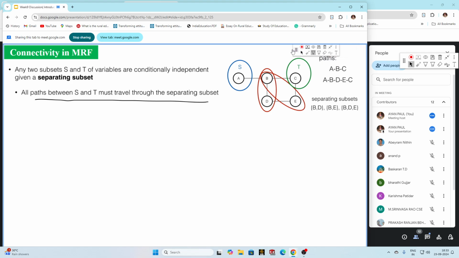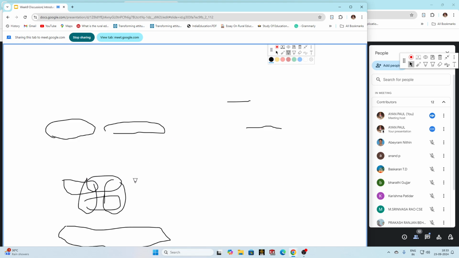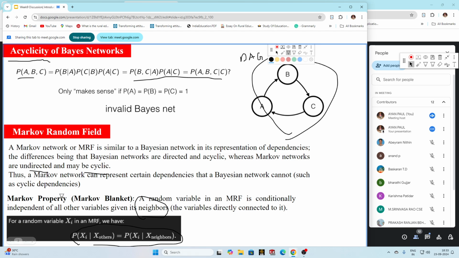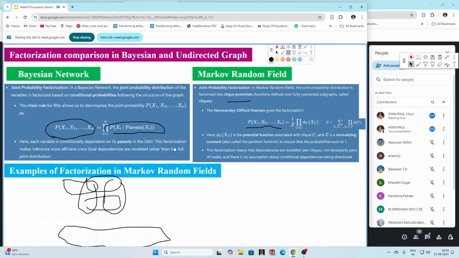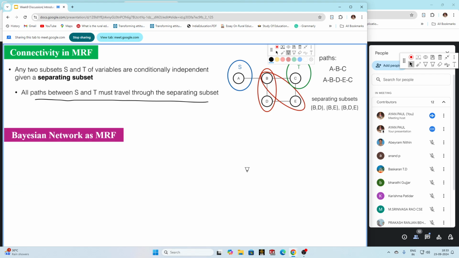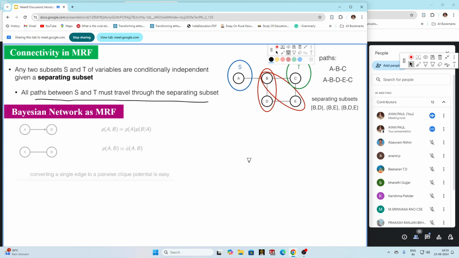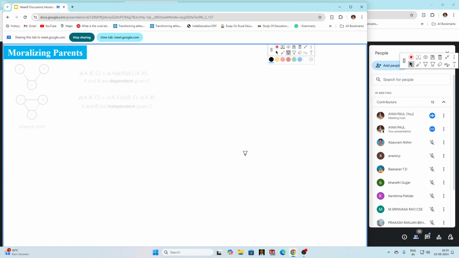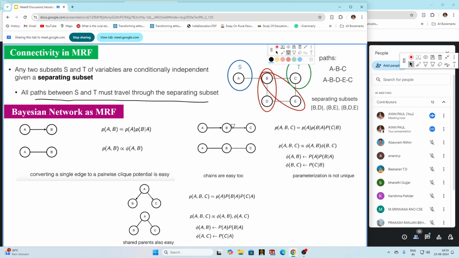This is the Markov property: a random variable in an MRF is conditionally independent of all other variables given its neighbors. So if its neighbors are given, then it is independent of all other nodes.